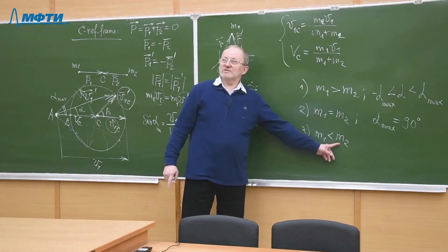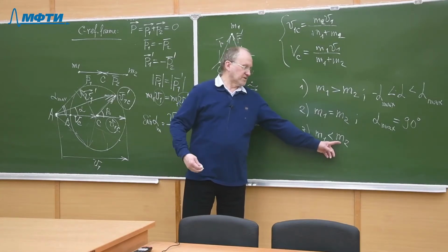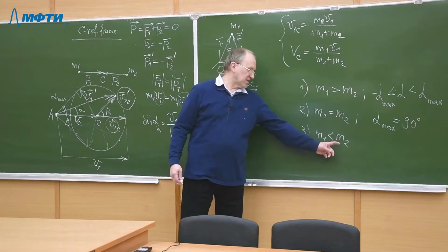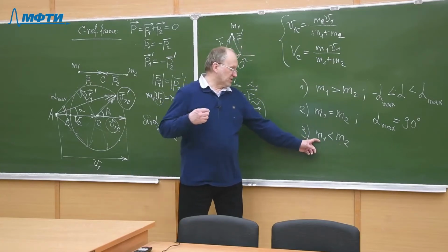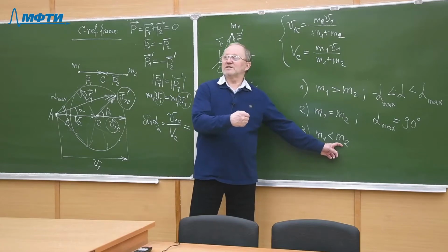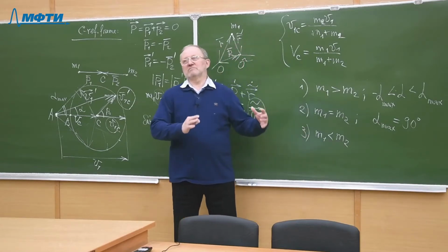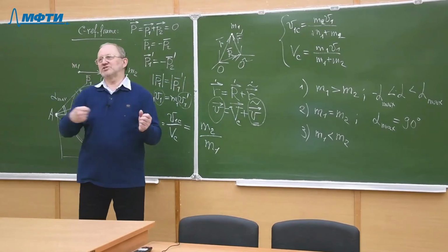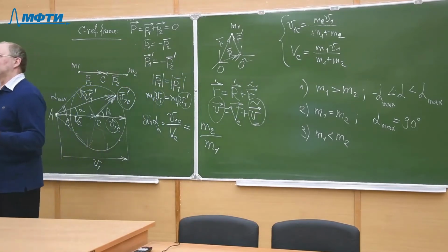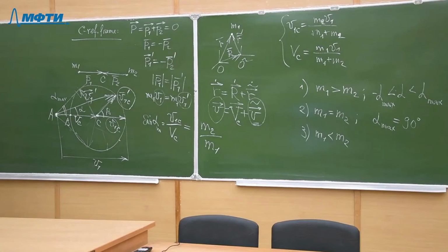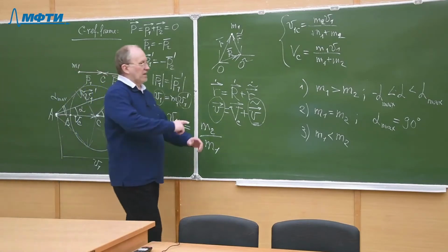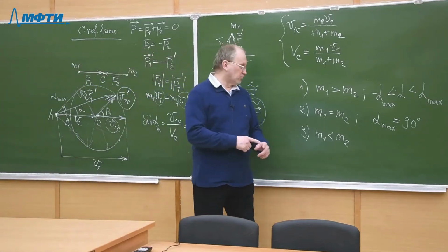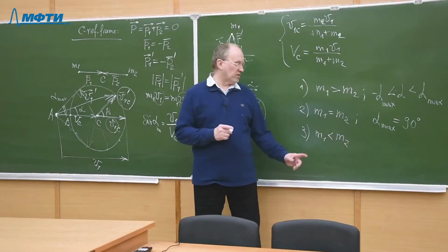It's obvious physically, on the level of intuition, that if a light particle collides with a heavy particle, then the heavy particle may practically remain where it was, and the light particle may just rebound and fly in the opposite direction. So in this case, any angles of deflection of the bombarding particle are possible.